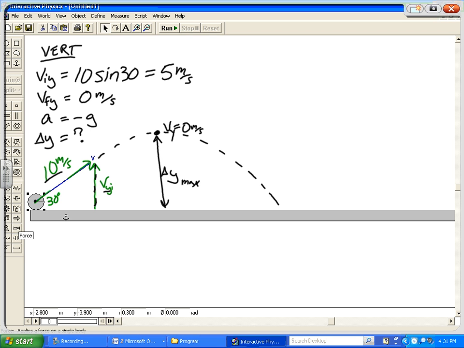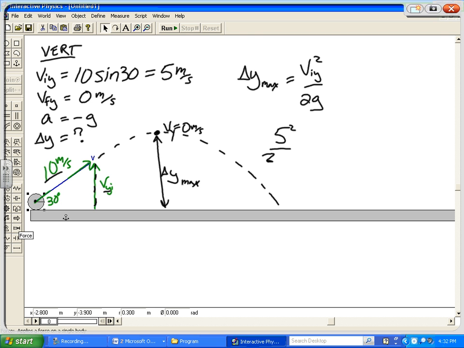If you look at the previous video, we solved this exact same problem, so we don't have to do the algebra twice. We got delta y max equals Viy squared over 2g. We've got all that information, don't we? We've got Viy of 5 meters per second. I won't use units until the end, but it's always a good idea to use units.